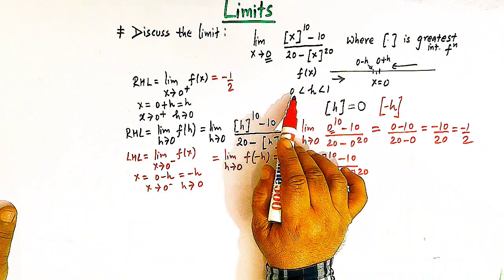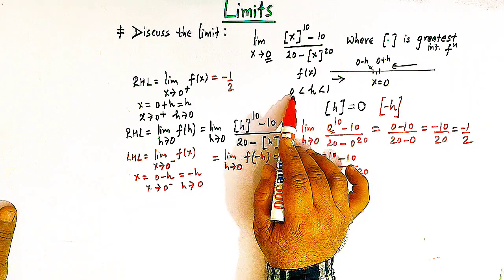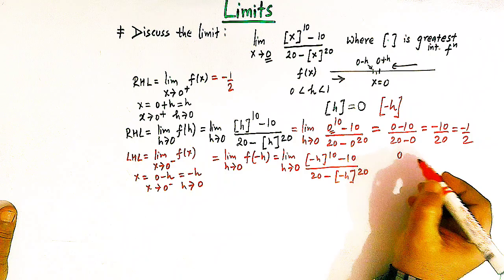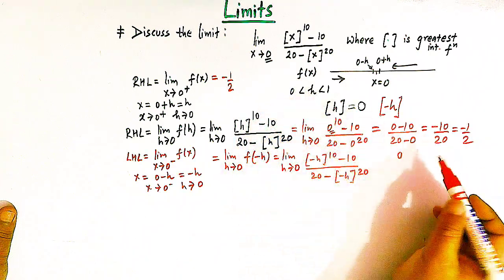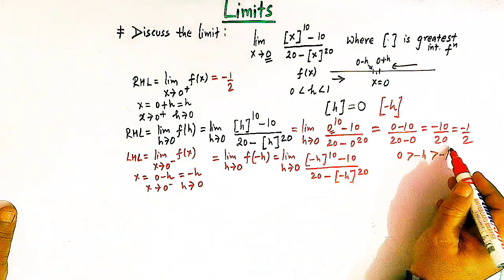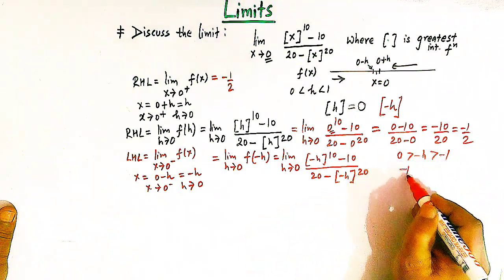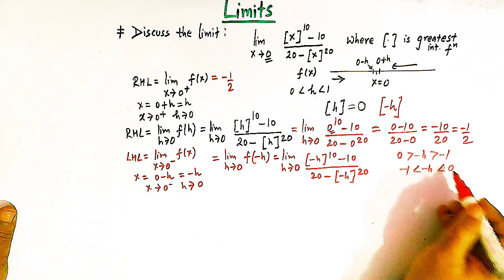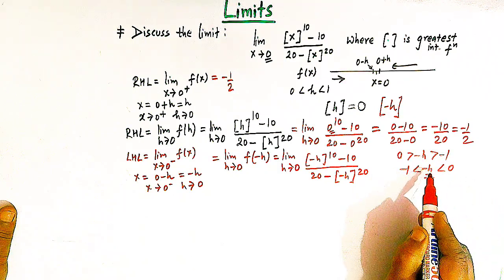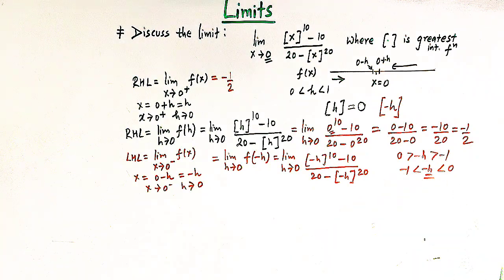If we multiply this inequality throughout by minus 1, the direction of the inequality gets reversed. So here we have minus h, then minus 1. We can again write this inequality as minus 1, minus h and 0. So this indicates that minus h lies between minus 1 and 0.